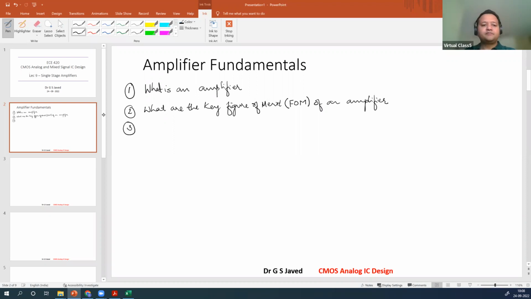Third one will be how can you make an amplifier with one MOSFET and one resistor, or a pair of resistors, or few more resistors.